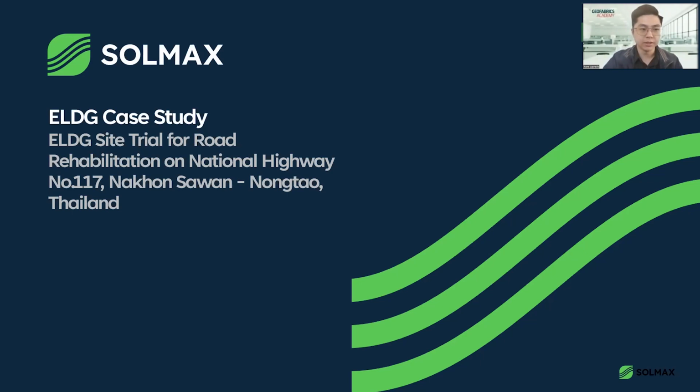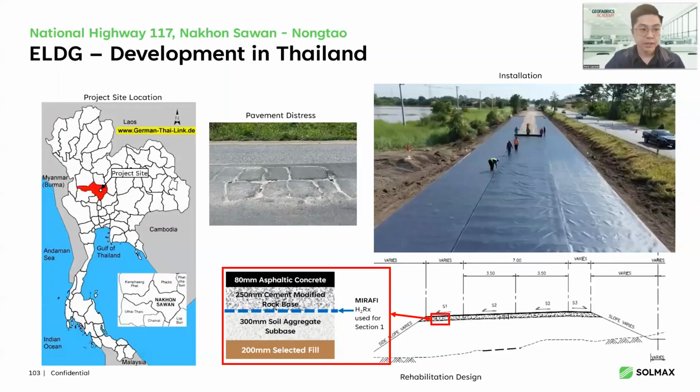This is an ELDG site trial for road rehabilitations on National Highway number 117. And basically this project site is at Nakhon Sawan, and this is a province that is located in northern Thailand that connects to the Fiji, if I pronounce correctly, by this National Highway 117.